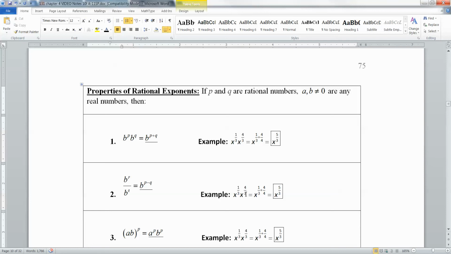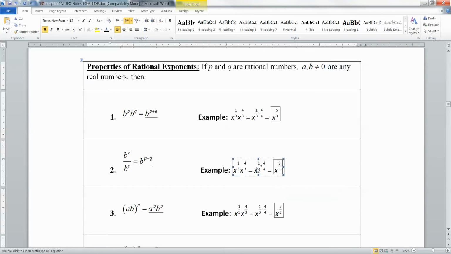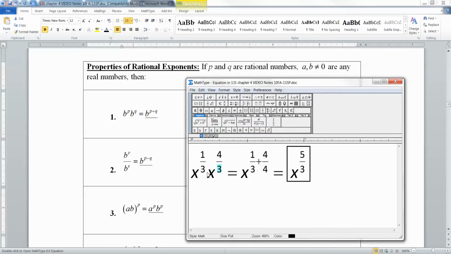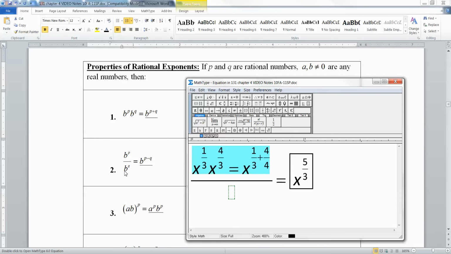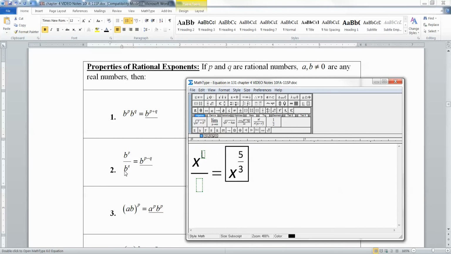And I'm sorry, I just did this kind of by magic, but I put in the next rules because they're the same rules we already learned, but I'm going to show you new examples. So if you have b to the p over b to the q, that's b to the p minus q. Let me give you a new example. Suppose that I had x to the 5/3 over x to the 4/3.